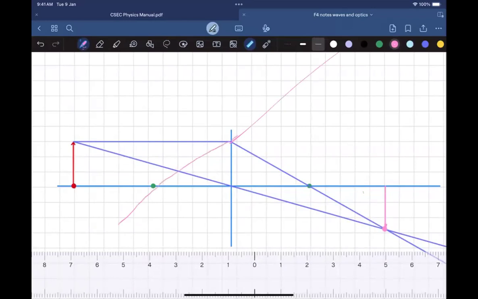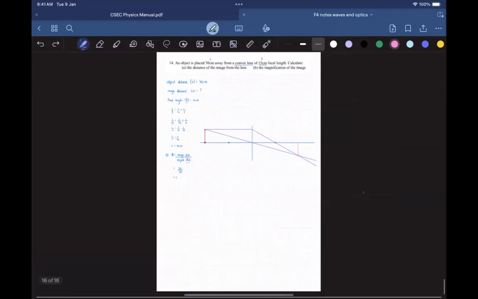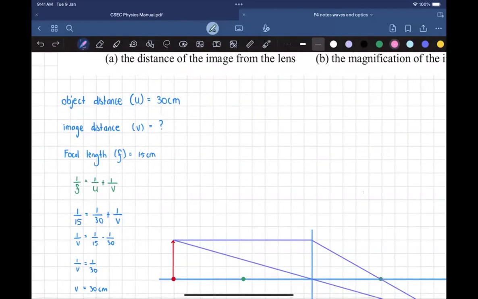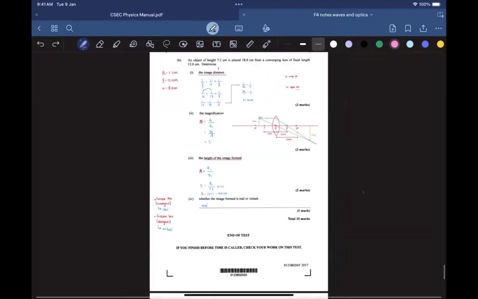And so you have a point of intersection behind the lens. And if it's behind the lens, it's virtual. Nicholas, you understand what I mean by virtual? Behind the lens? Yeah. Right. And if it's virtual, when you're plugging it into the formula, it'll be negative. Let's see if I can find a question on that.